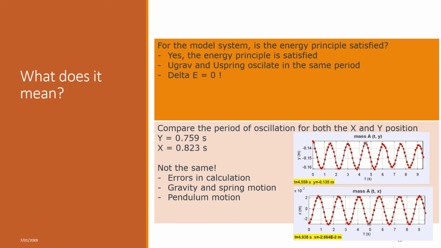The y period is slightly smaller than the x period, and this can be due to errors in calculations, and also given that we have the gravity and the spring motion, and the y motion gets reduced as the length of the spring stops compressing and becomes equilibrium, and also to the fact that the system is moving like a pendulum.